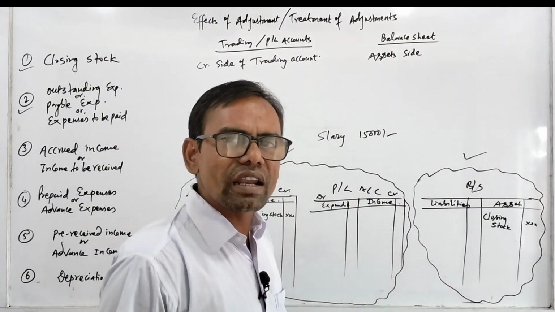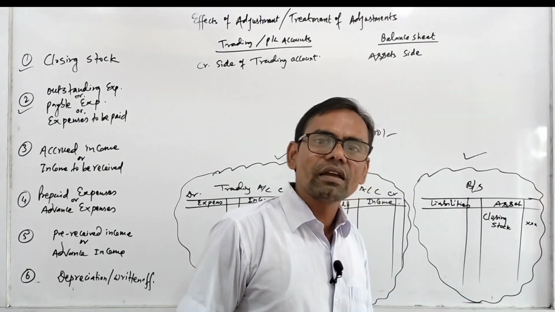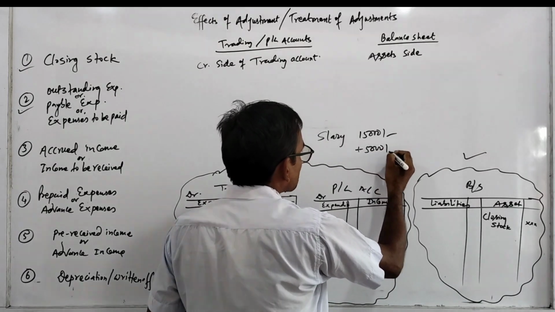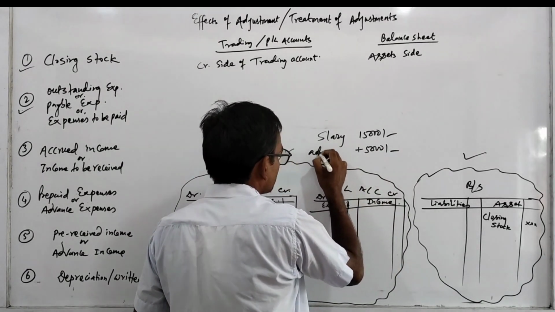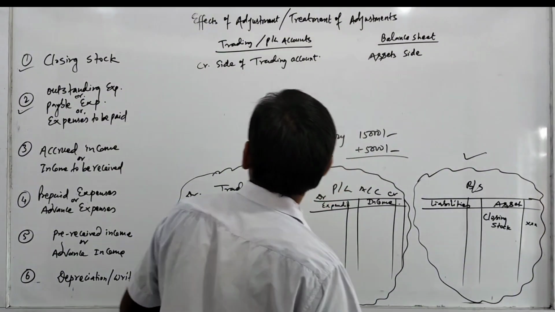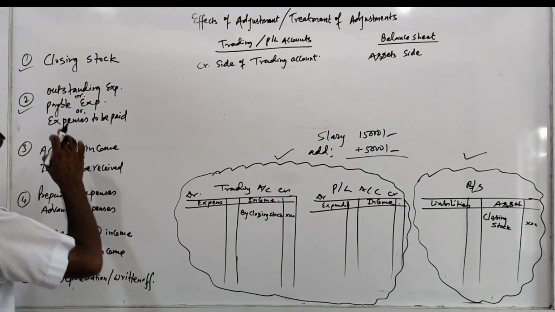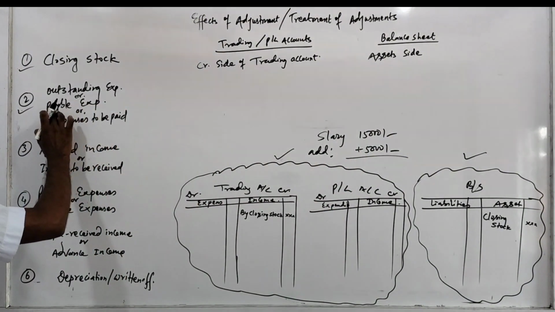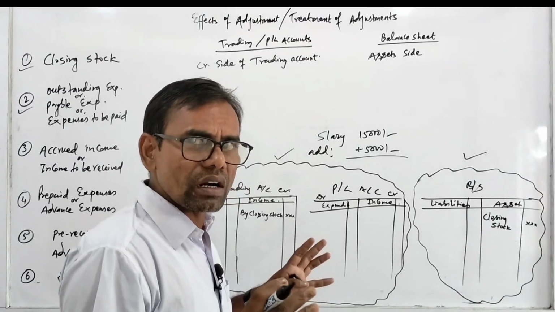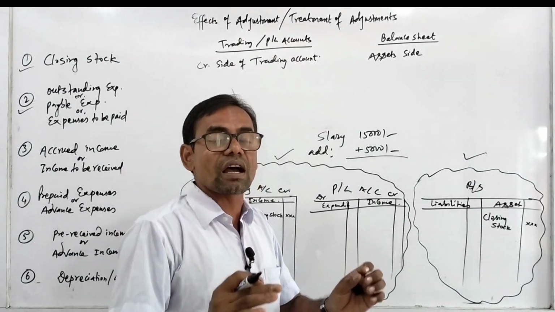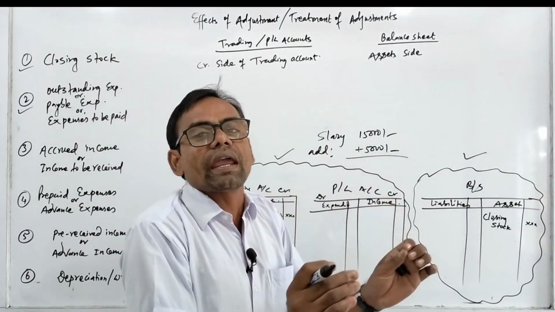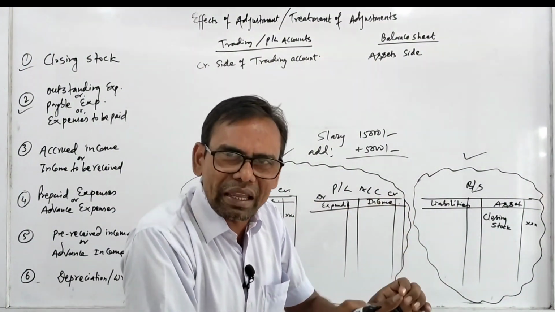So what is the real expenditure of salary? 20,000, and therefore you should add the outstanding expenditure. Outstanding expenditure, payable expenditure, expenses to be paid: different words but the meaning is the same, remaining to pay.